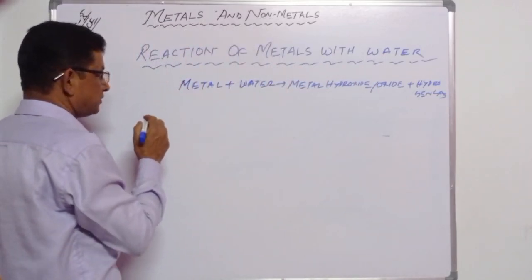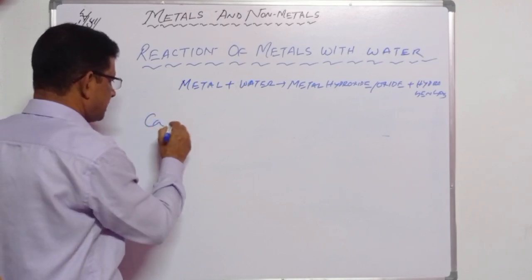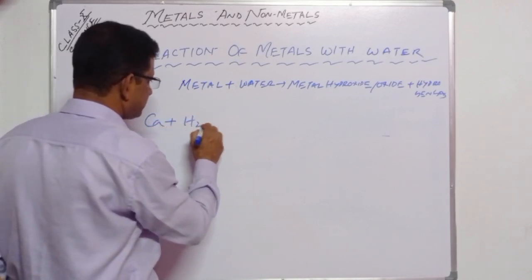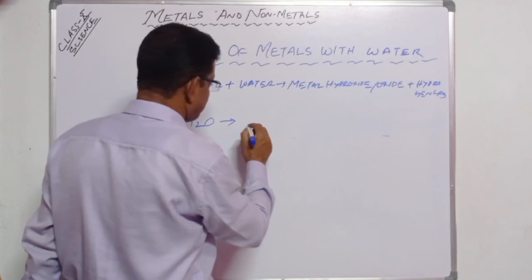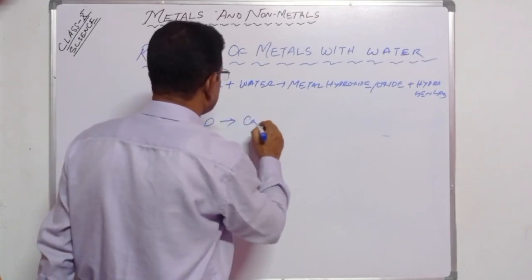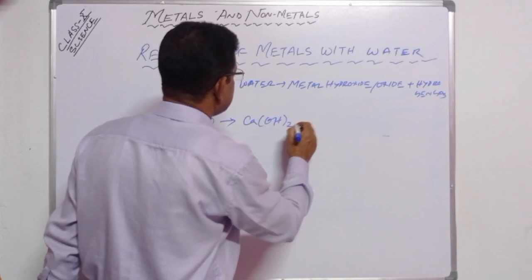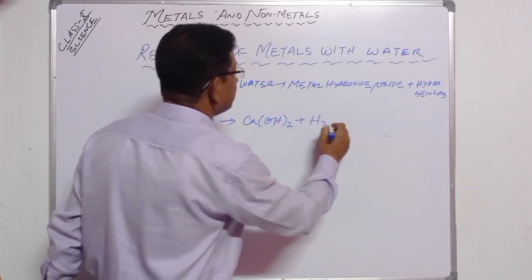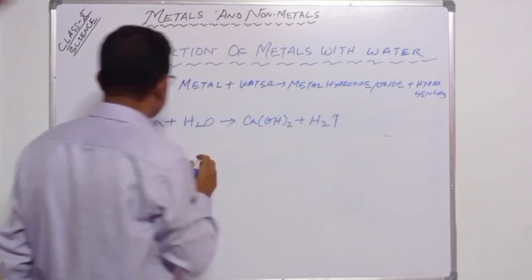Take some reactions. Calcium reacts with water. It will produce calcium hydroxide plus hydrogen. Hydrogen is a lighter gas.